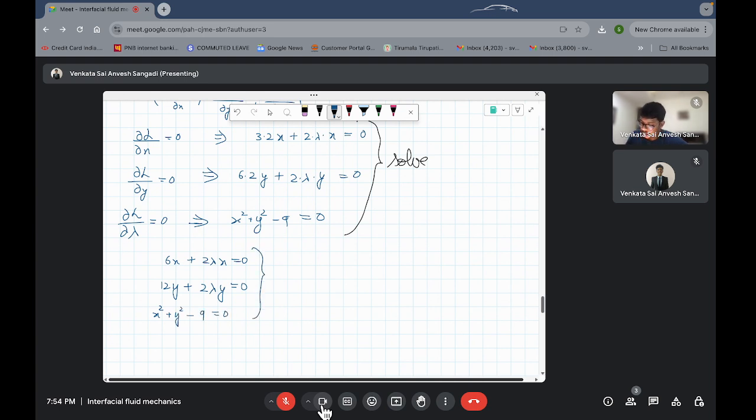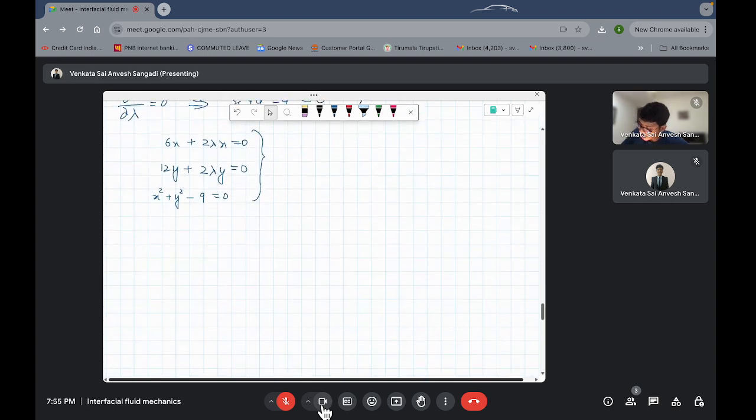So in the first case, case 1, we look at the first equation. So x into (6 plus 2 lambda) equal to 0. In this case, either x can go to 0, or 6 plus 2 lambda can go to 0.